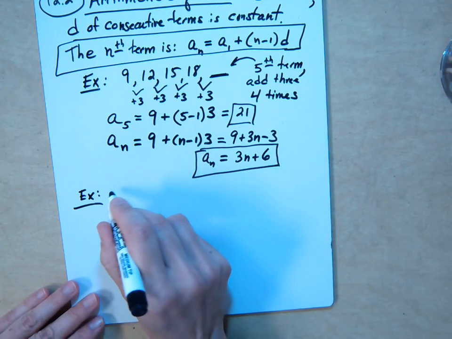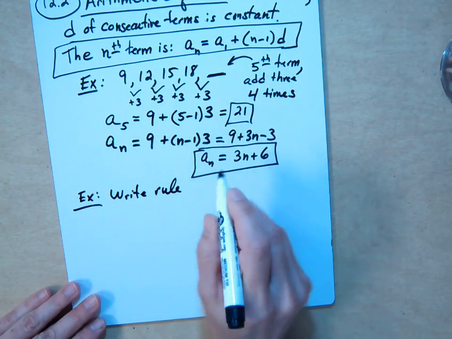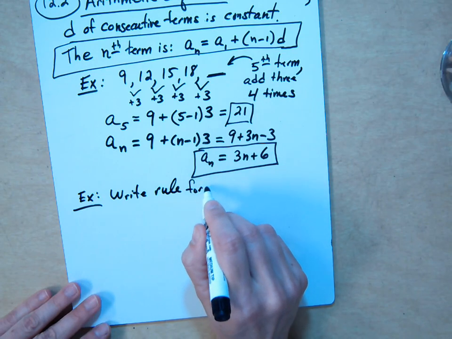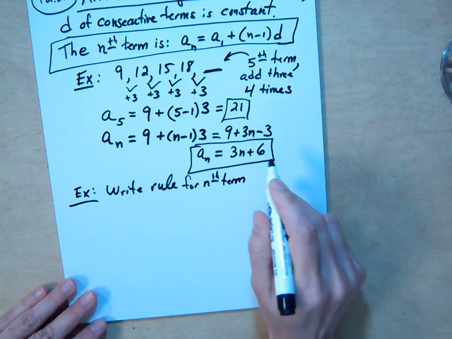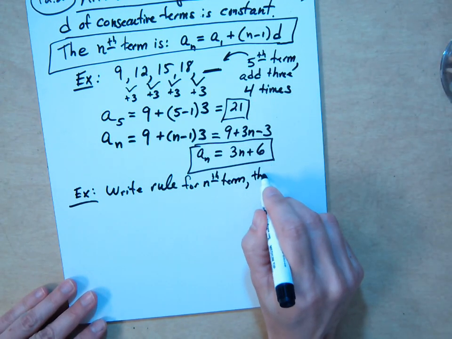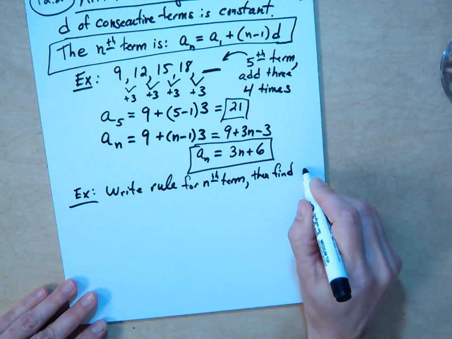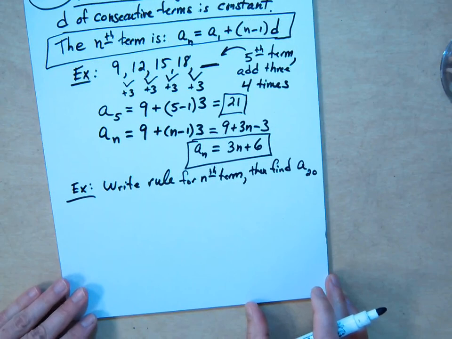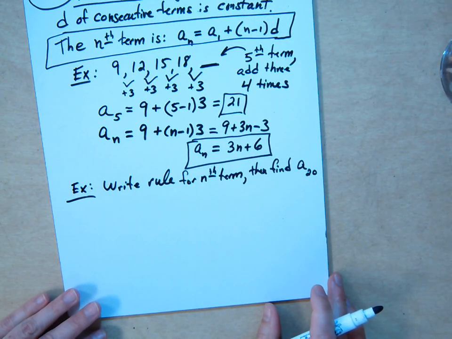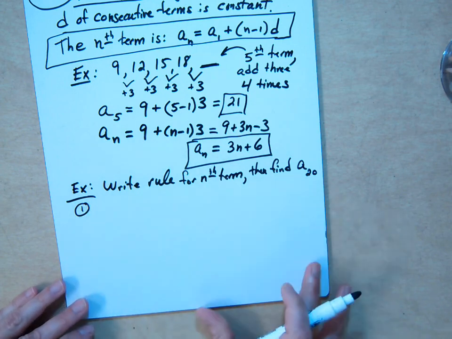The directions will say, write the rule for the nth term, and then find, just arbitrarily in this example, we're always going to find the 20th term, but we would be able to do anything. Then find a sub 20. Those are the directions for the next 3 examples.